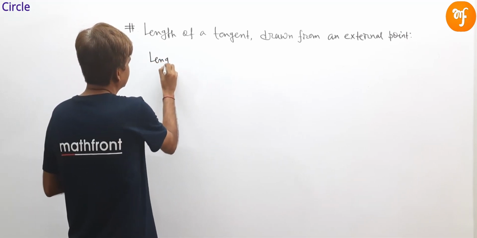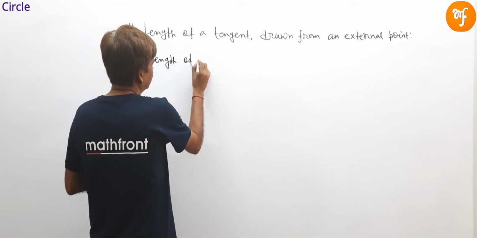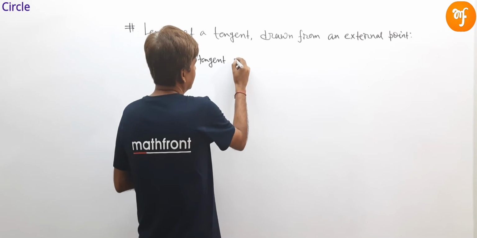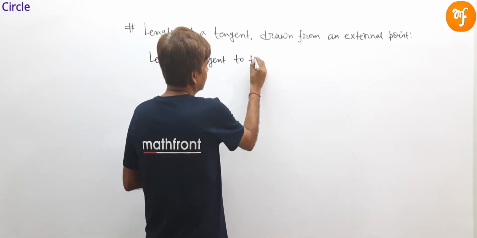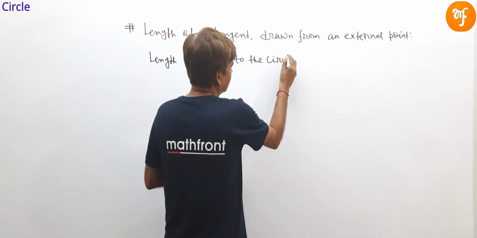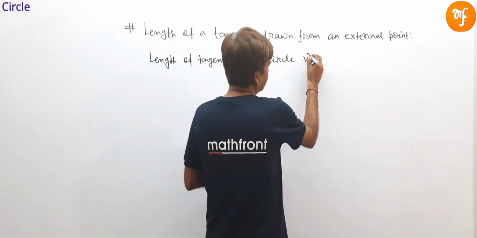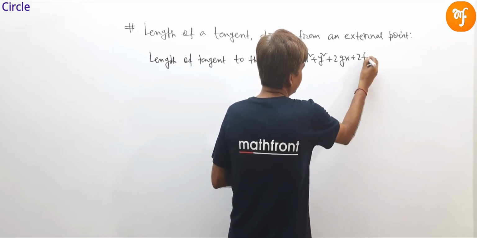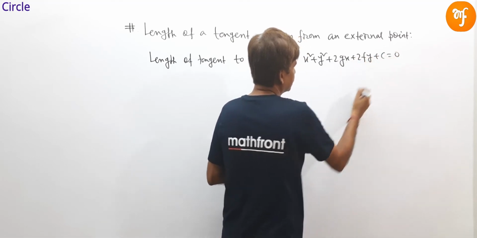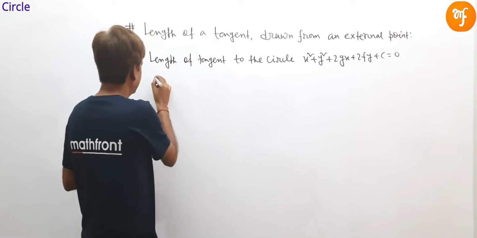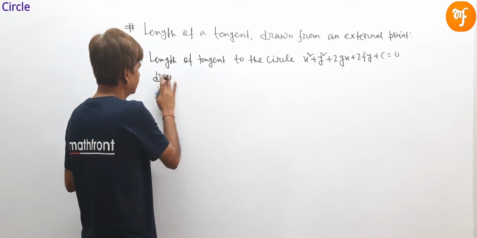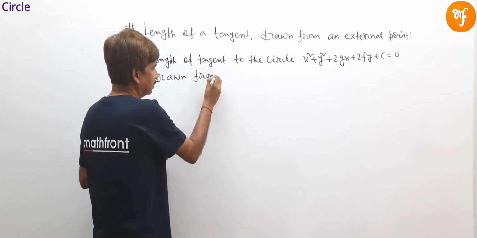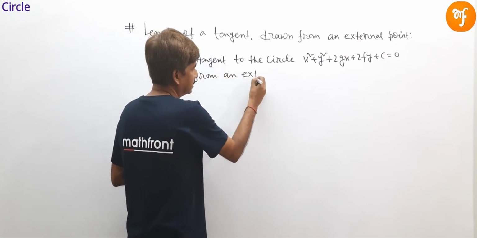length of tangent to the circle x square plus y square plus 2gx plus 2fy plus c is equal to 0, drawn from an external point.